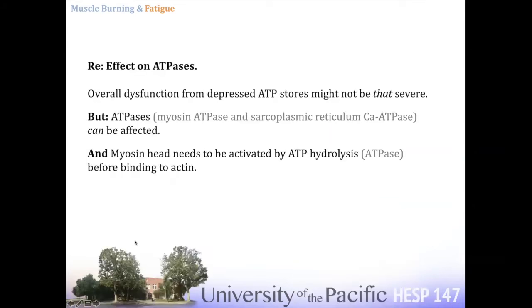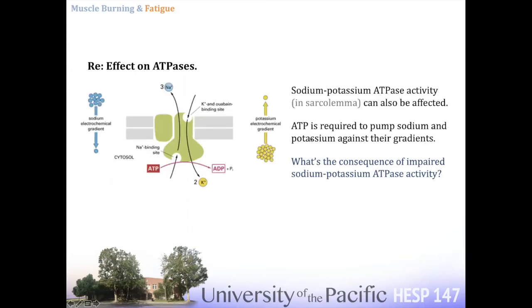If your ATP levels are low, you need ATP as a resource for your ATPases, so you need to consume ATP. So if you get low, potentially you have some problems. Remember, there's a sarcoplasmic reticulum calcium ATPase. There's also those sodium potassium pumps, those ATPases.